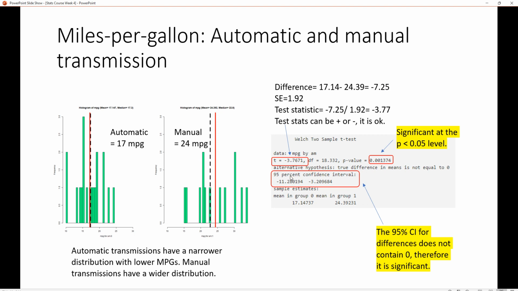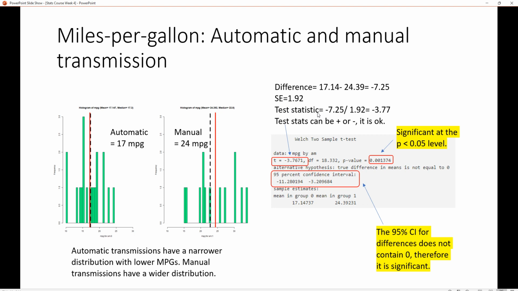But below we can see the 95% confidence interval for group differences goes from about negative 11.28 to negative 3.209. So about that level. From the group difference value and the standard error, we can calculate the test statistic.